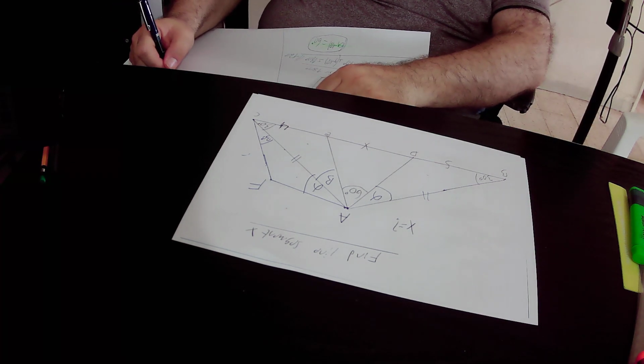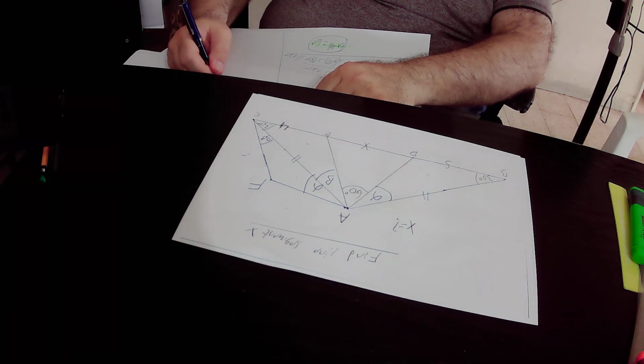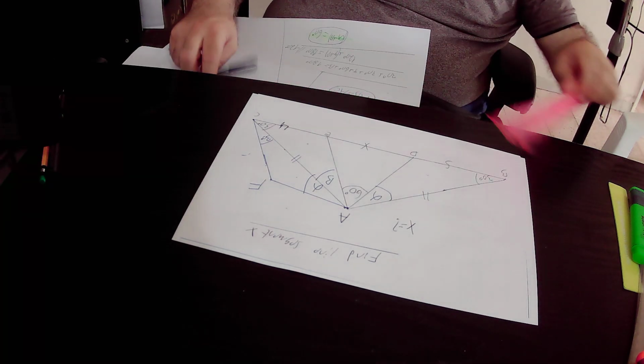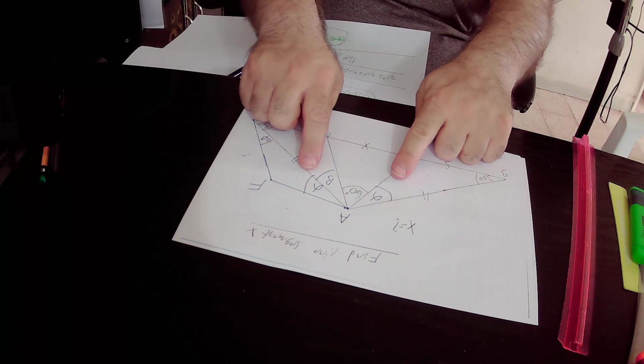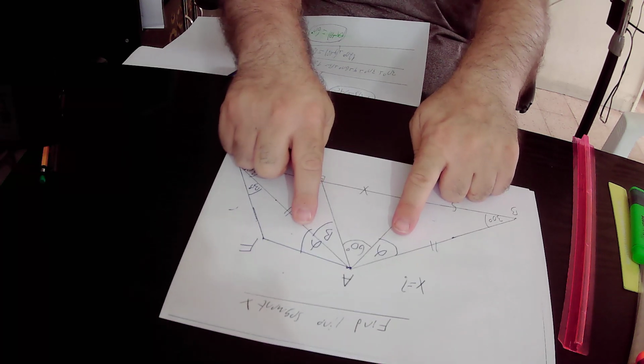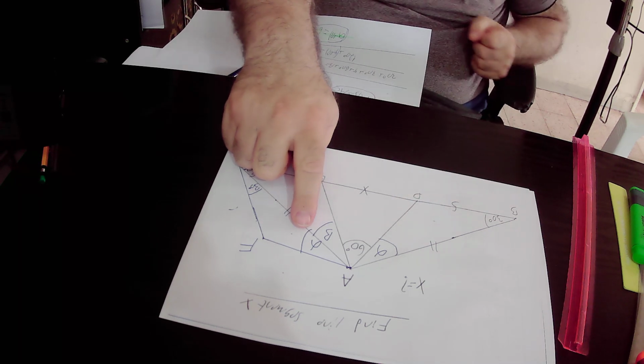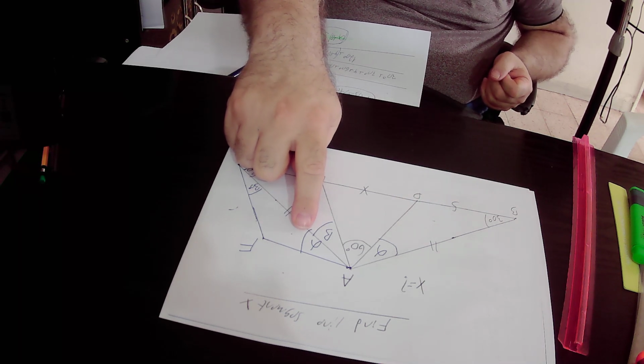So why are those two triangles congruent to each other? First of all, those two angles are both equal to alpha, and therefore they are equal to each other. This angle equals alpha according to our construction.